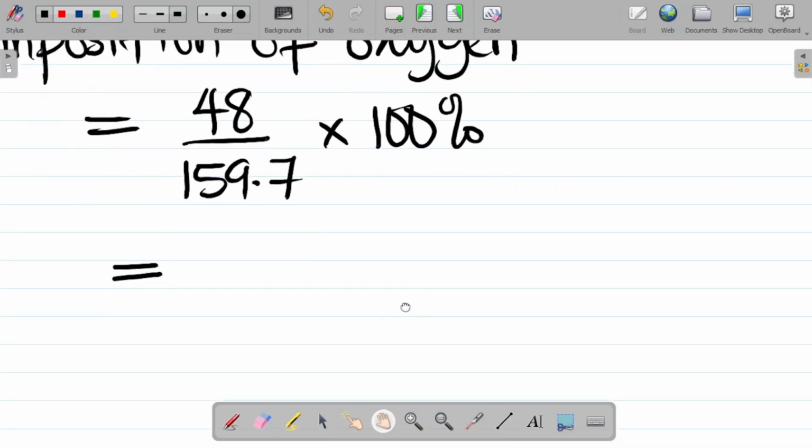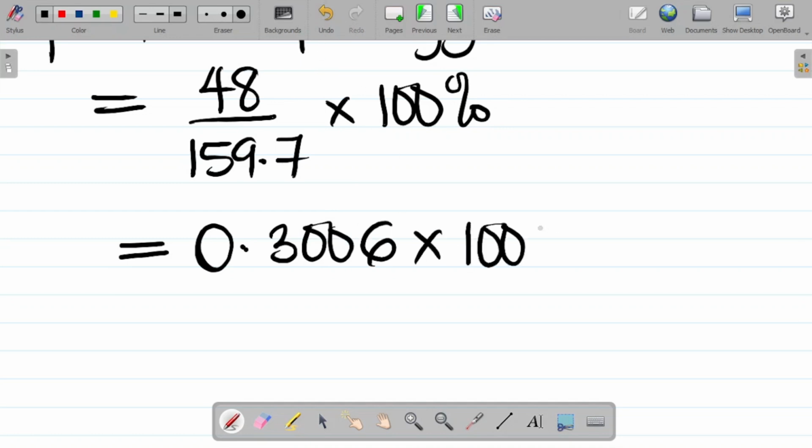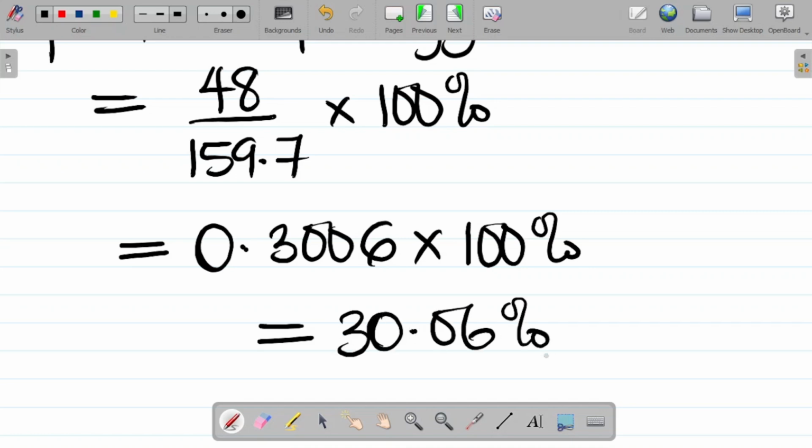So what I have here is 48 divided by 159.7, and that's 0.3005, or approximately 0.3006 if you do correct approximation. Multiply this by 100, and you have 30.06.